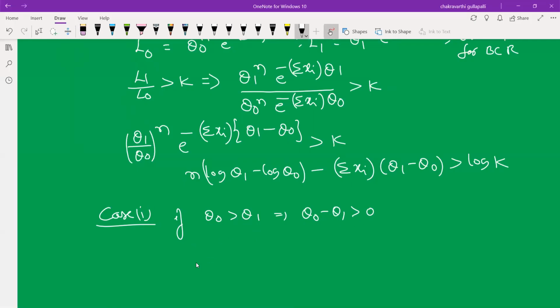Now here, multiplying minus n by minus gives n into log theta naught minus log theta 1. Multiplying with minus, this is plus summation xi into theta naught minus theta 1 is greater than log k.